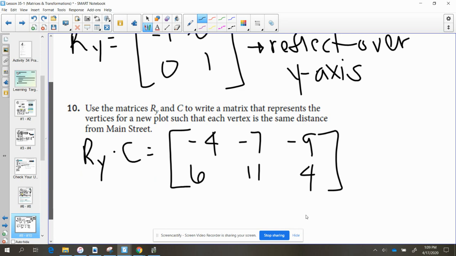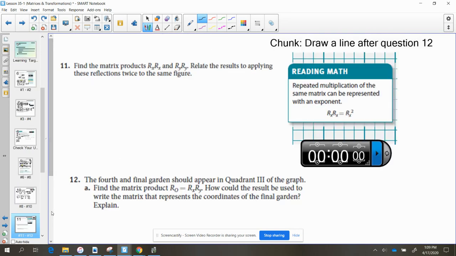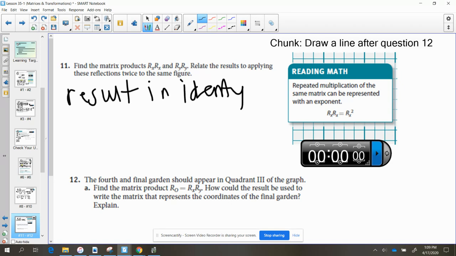Okay. Now, if you multiply these values by themselves, so if you take R sub x times R sub x and R sub y times R sub y, what you're going to get is it's going to result in our identity matrix, right? And we talked about the identity matrix a lot when it came to talking about inverse.